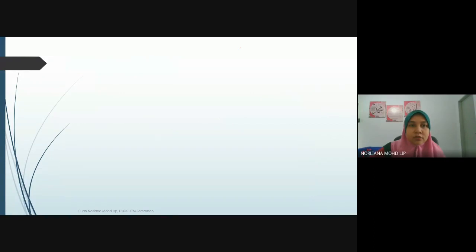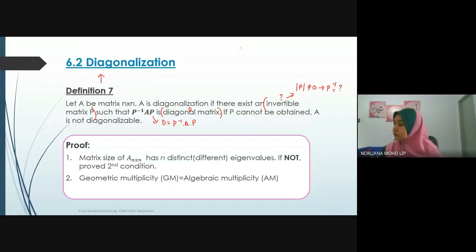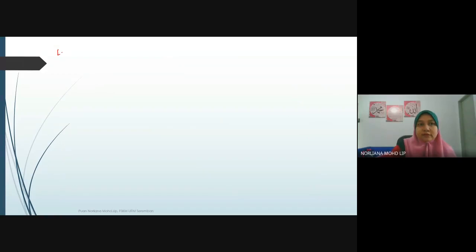Okay, an example. Given A equal to 1, 4, 2, 3.